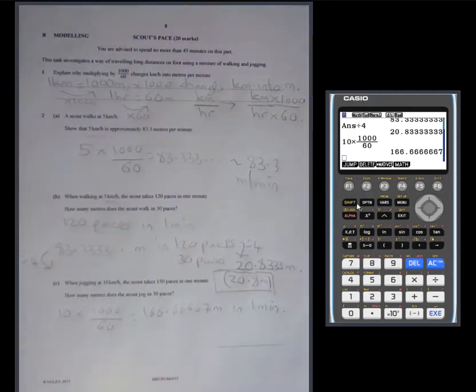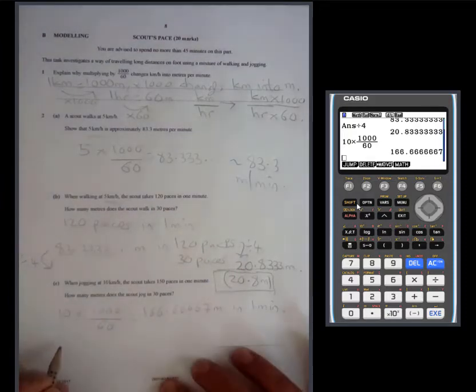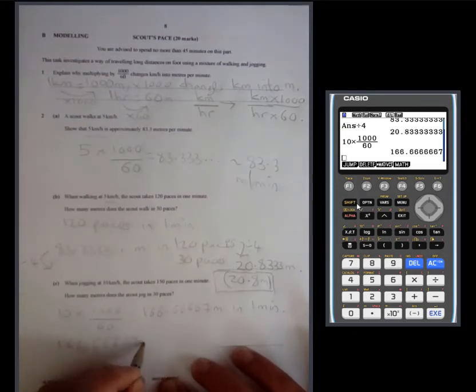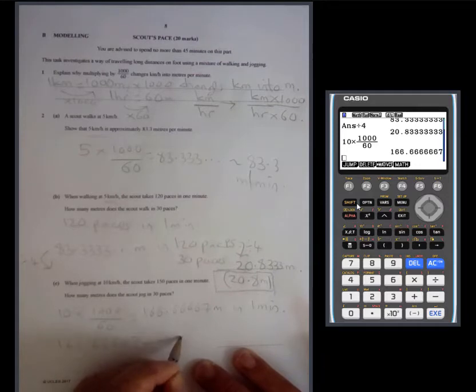Okay, right, so we equate the thing again. There's 150 paces in 1 minute, and that's 166.66667 meters in 1 minute, so it must do 166.66667 meters in 150 paces.